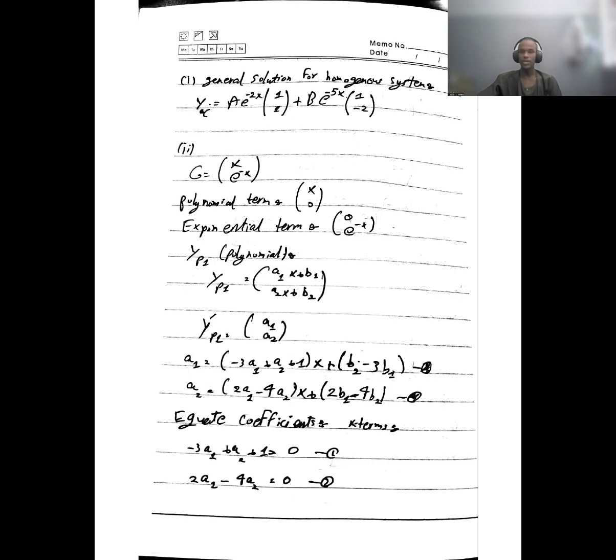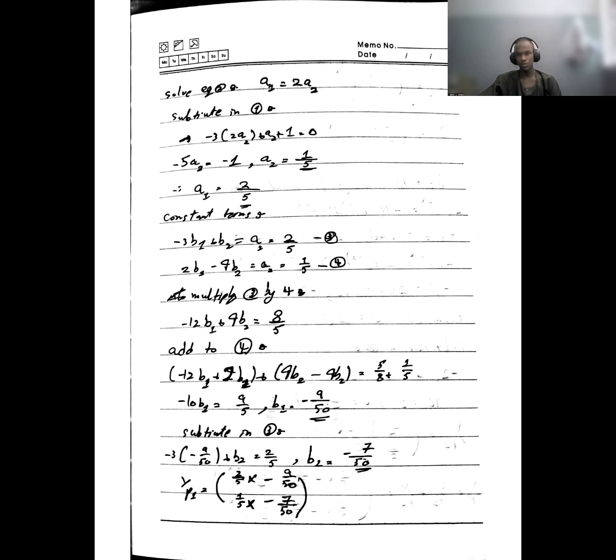From 2a minus 4c equals 0, we get a equals 2c, and substituting into negative 3a plus c plus 1 equals 0, we have negative 6c plus c plus 1 equals 0, so negative 5c equals negative 1, giving c equals 1 over 5 and a equals 2 over 5.